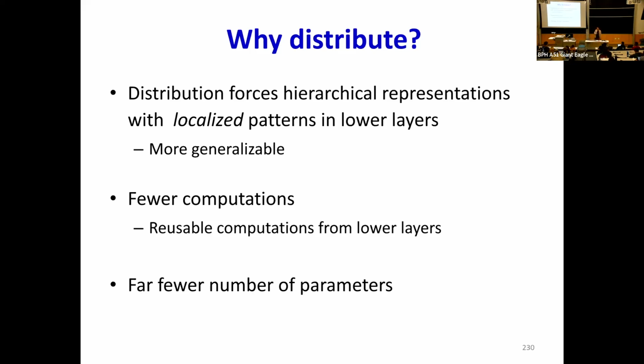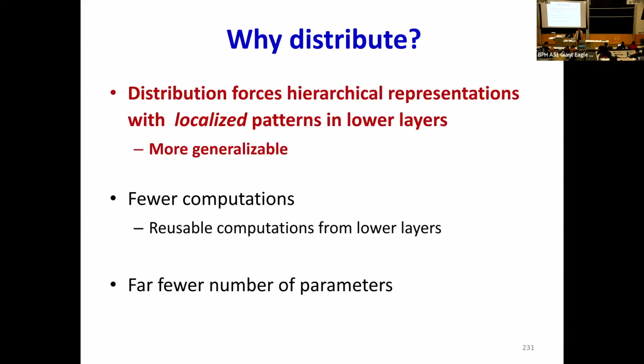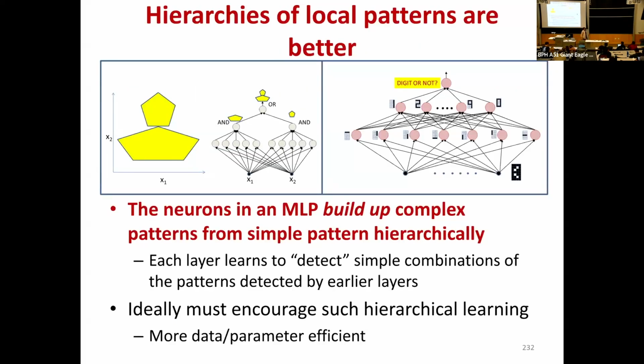Now, distribution, there are multiple reasons for distribution. Distribution forces hierarchical representation with localized patterns in lower layers. It results in fewer computations and far fewer numbers of parameters. Let's see how each of these works, right? Remember, way back when we were trying to build up this double pentagon decision boundary.